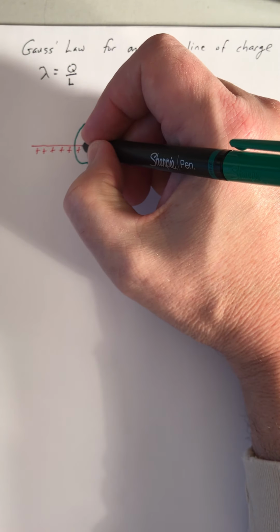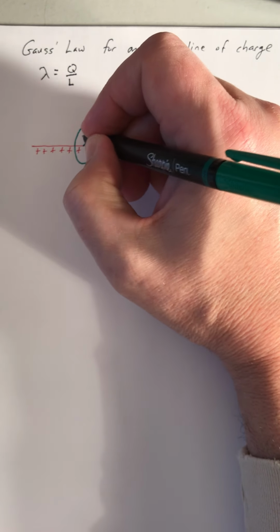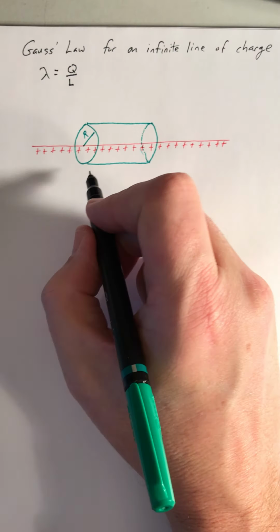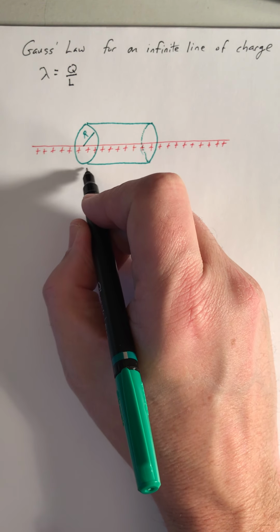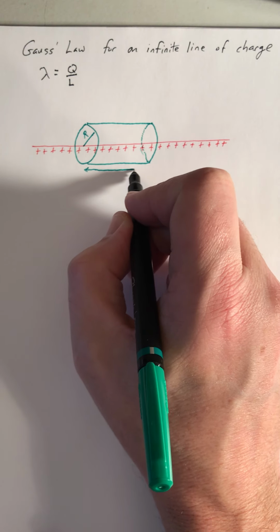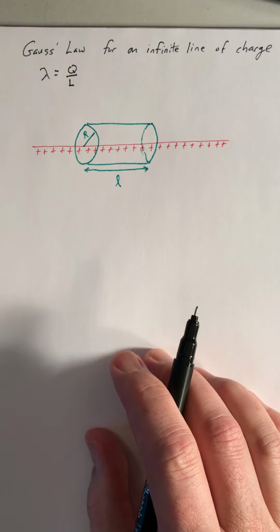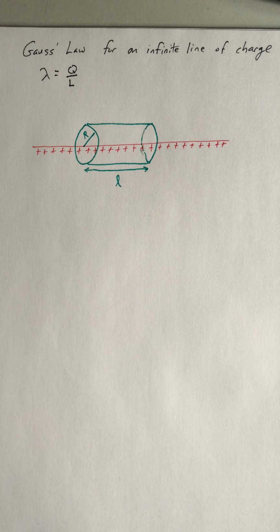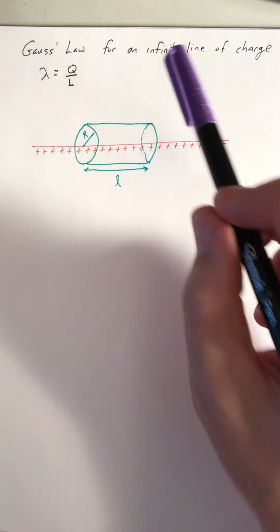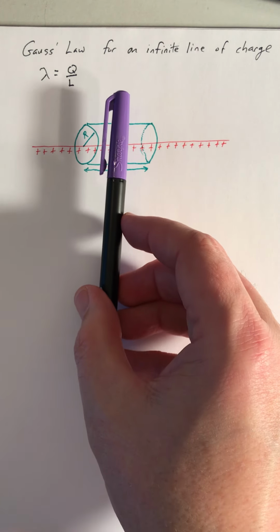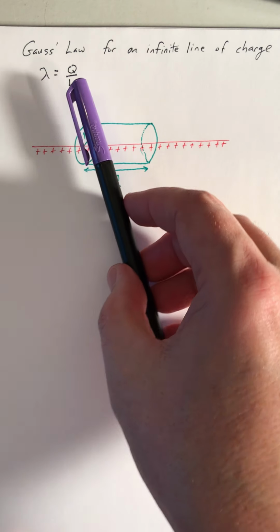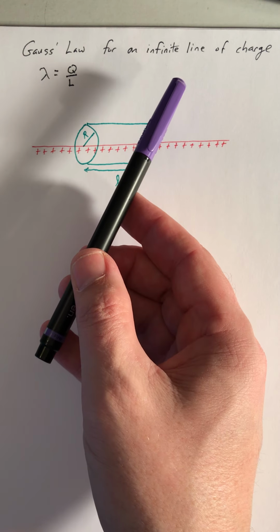And this cylinder is going to have some radius r, and it's going to extend for a length L. And thinking about what the electric field is going to do, an electric field line is not going to be able to tilt left or right.